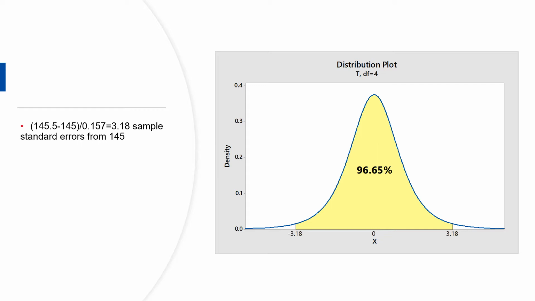Based on the t-distribution with 4 degrees of freedom, the probability of a sample mean being within 3.18 sample standard errors of the population mean is about 96.65%. So we can still conclude that a sample mean of 145.5 is outside the typical range of variation we would expect if the process was on target. The sample statistics still provide evidence that the process mean is not 145 grams.